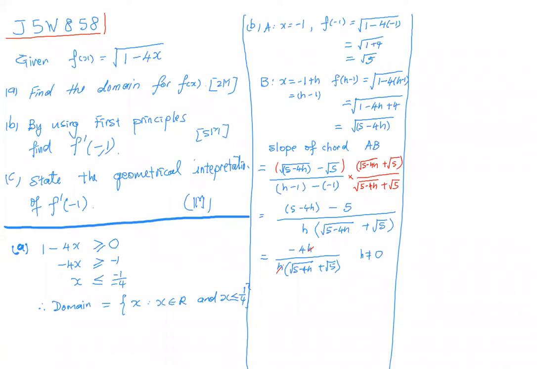So I'm done. So now I want to know first principle, correct? So the next step you must write will be f prime negative 1. You must put limit h tends towards 0. Okay, you can either write in words slope of the chord AB or you just copy this one down, up to you.